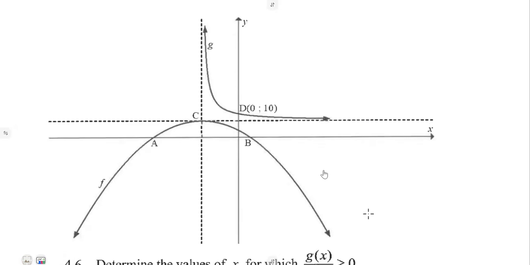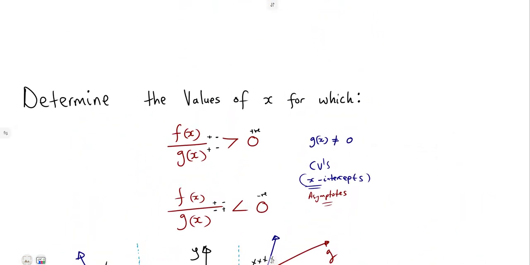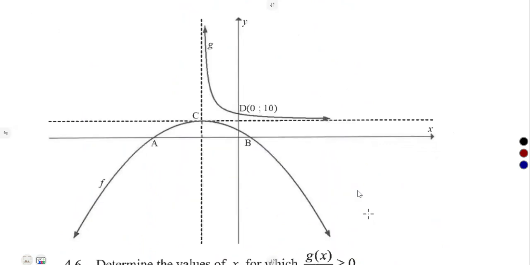Remember, I said for a hyperbola, you must consider the asymptotes as part of the critical values. It's not going to be just the x-intercepts, but also the asymptotes, they have a role to play. So be very careful about the asymptotes, all right?